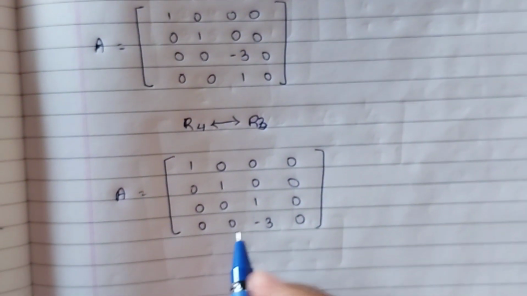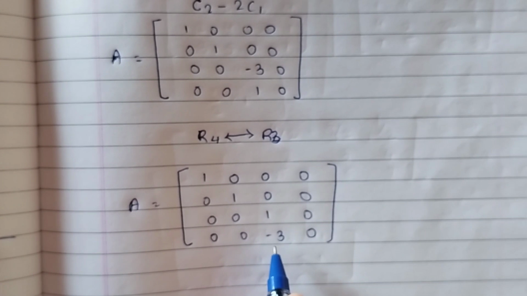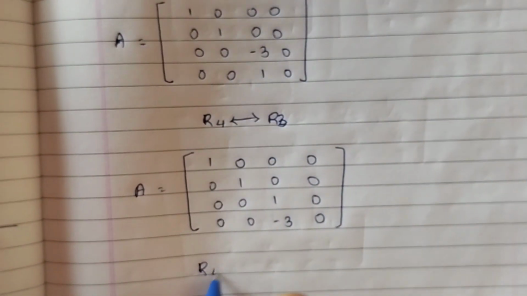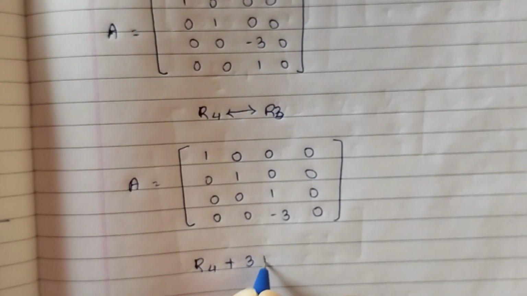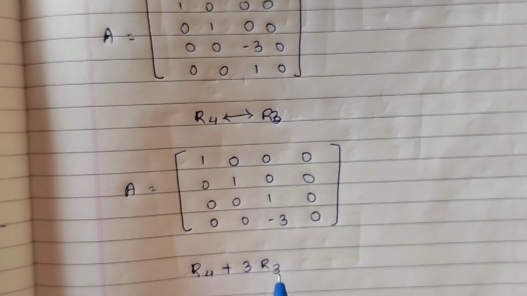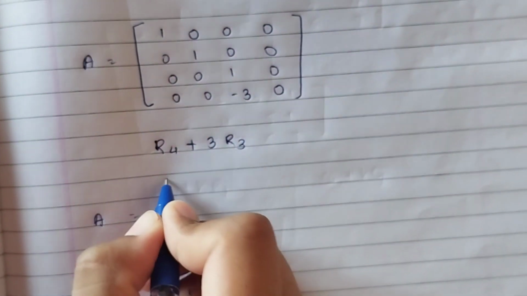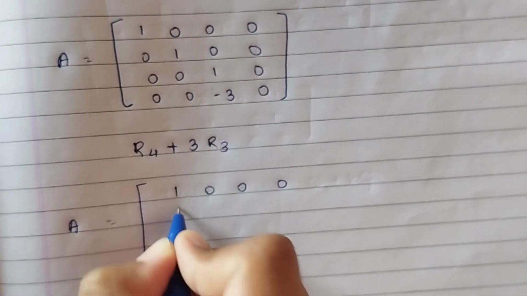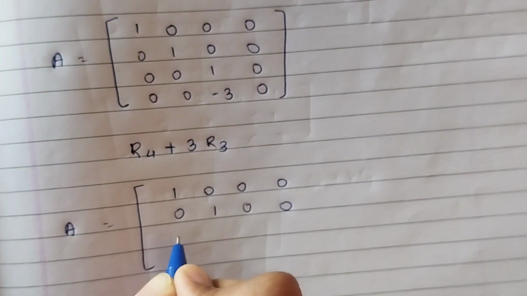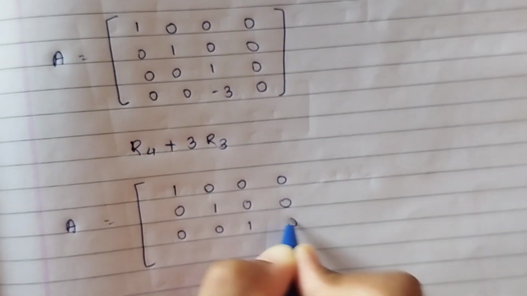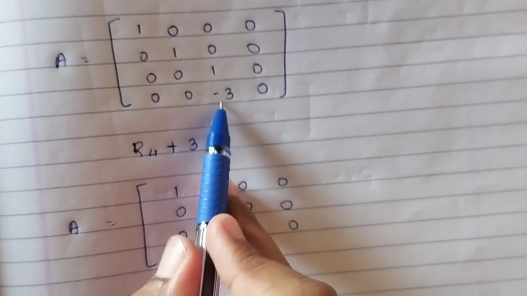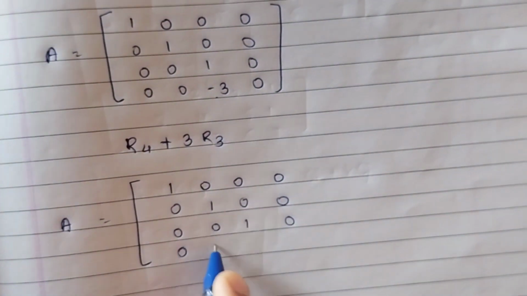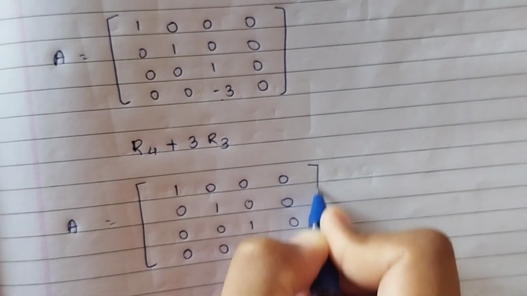Now again we want 0 below the diagonal element, so for that we perform the operation R4 plus 3R3. Now the matrix is 1 0 0 0, 0 1 0 0, 0 0 1 0, and -3 plus 3 is 0, so here all the elements are 0.